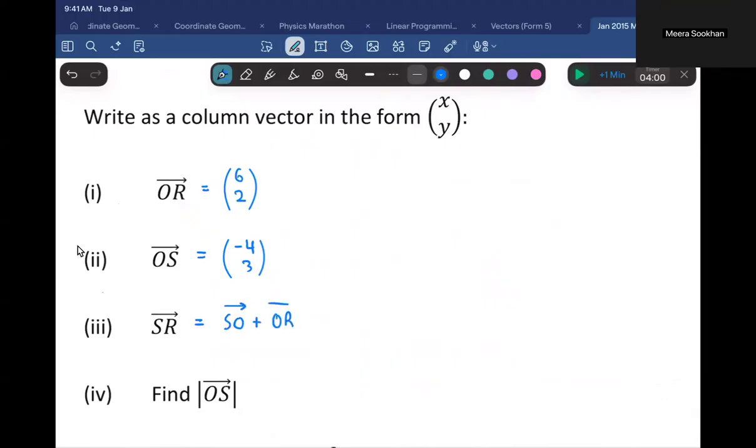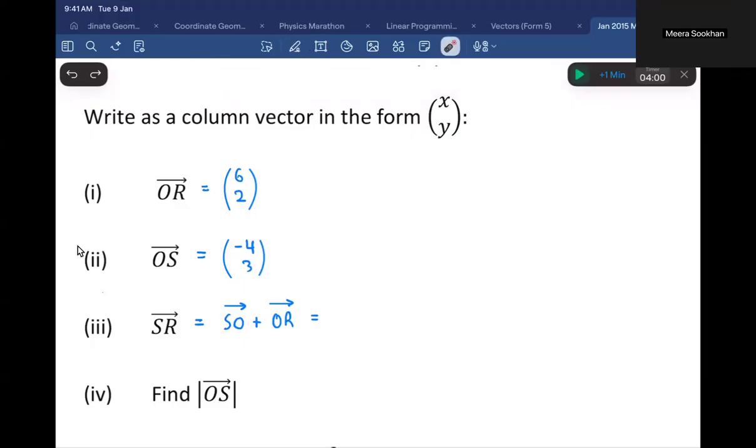Now, guys, SO is in the opposite direction of what vector here? Tell me, Mira. What would be the opposite of going from S to O?